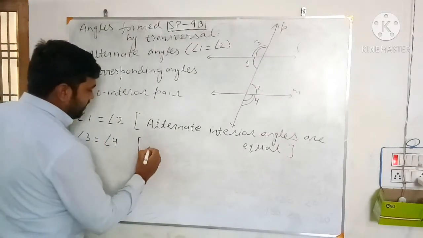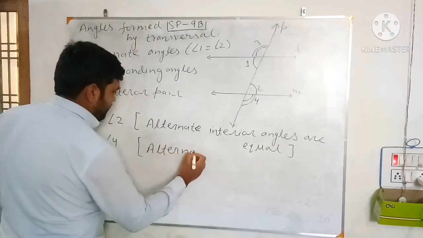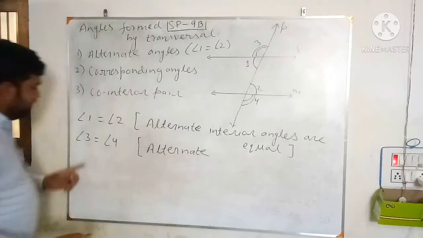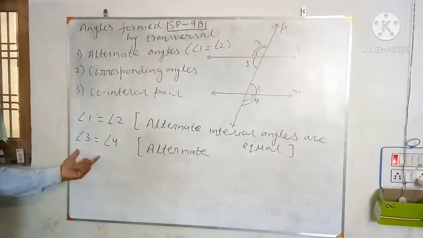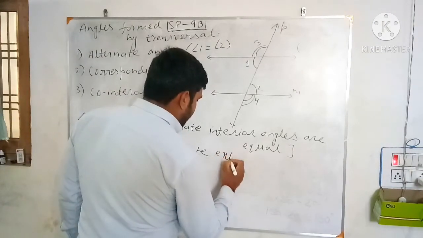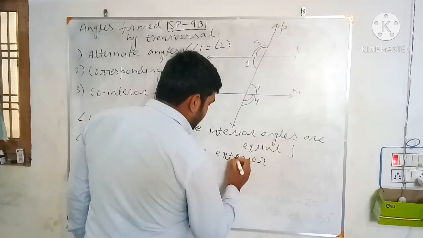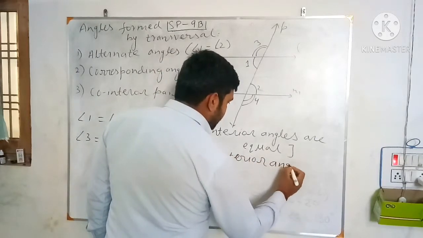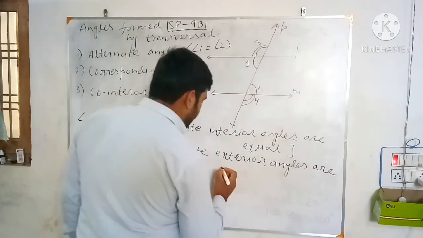Alternate exterior angles. Reason: alternate exterior angles. So alternate exterior angles are also equal.